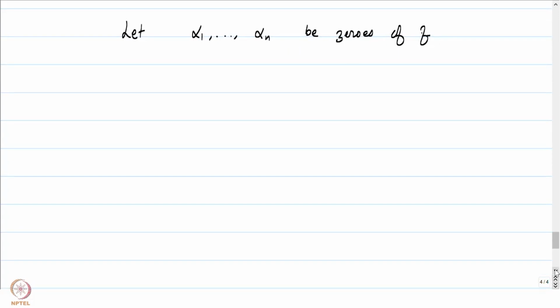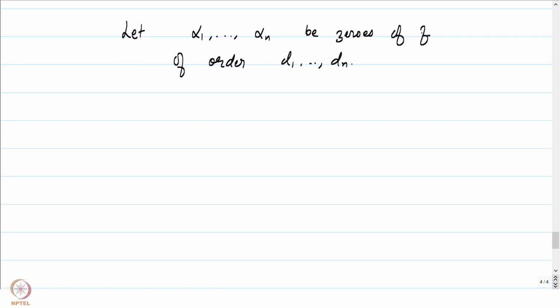Now, let us consider the function which we have considered most in this particular week. Let us consider the automorphism of the unit disk which maps alpha j to 0. But before that, let alpha 1, alpha 2 up to alpha n be zeros of order d1 to dn.